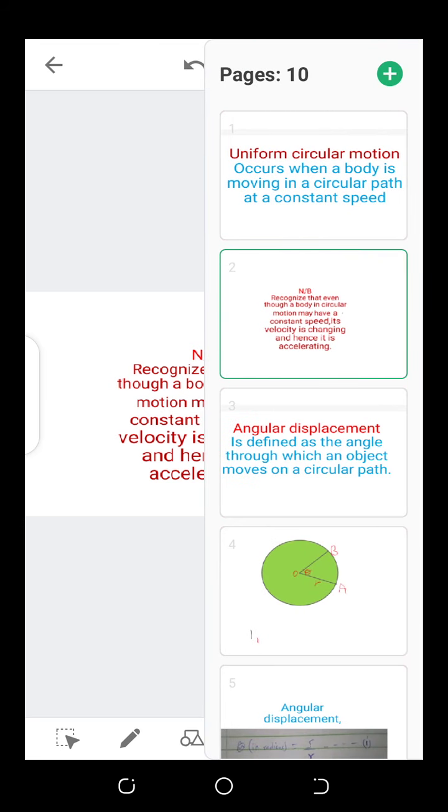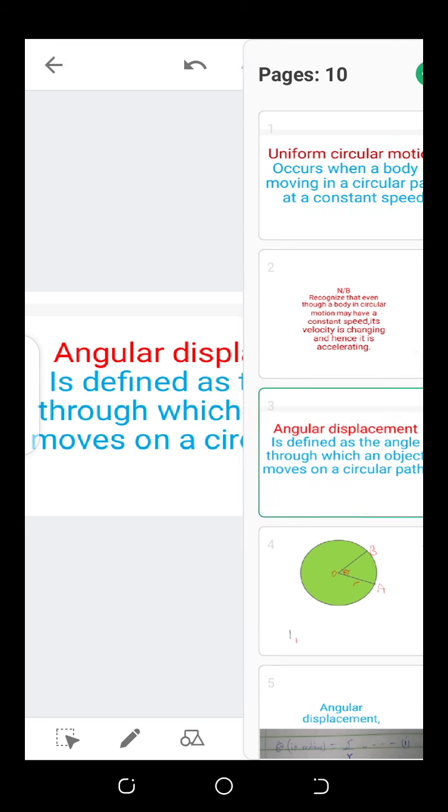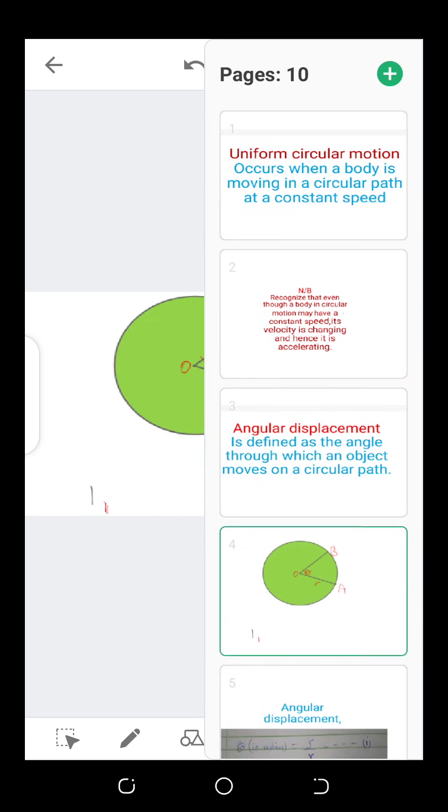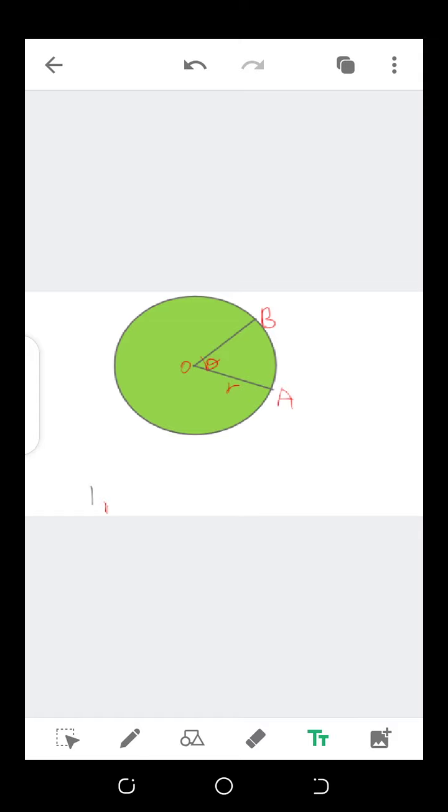Now, let's look at the definition of angular displacement. When a body is moving around a round path, like in the figure shown, this is a circle of center O. We are assuming that the body is moving along the circumference of that circle.